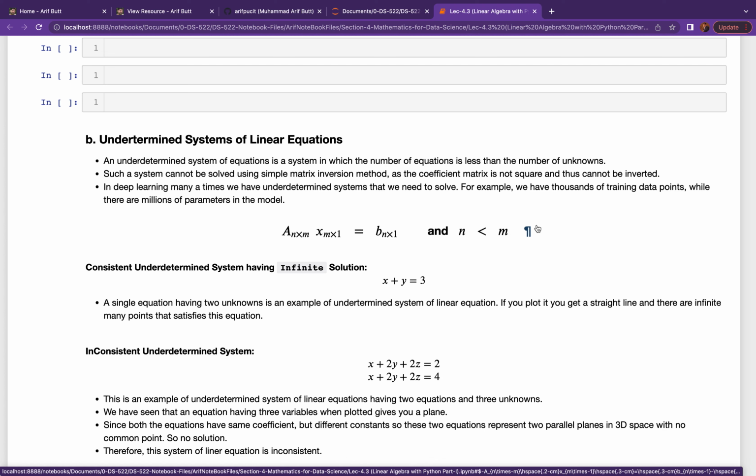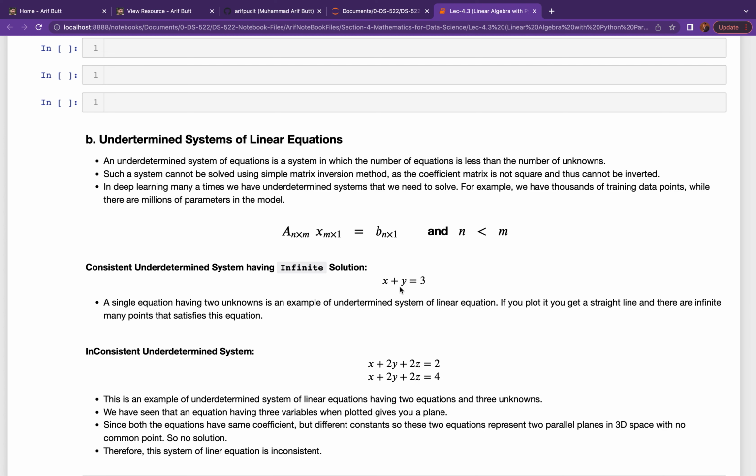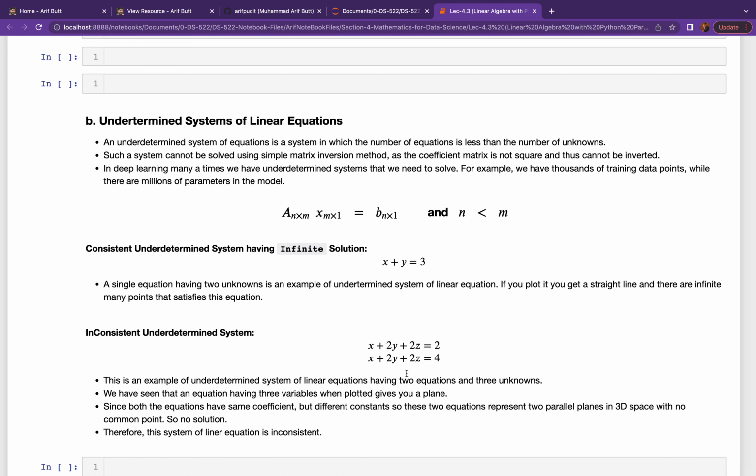And this single equation x plus y is equal to 3 with two unknowns is an example of a consistent underdetermined system having infinite solutions. And this next is an example of an underdetermined system having no solution. So the system is inconsistent. And one more thing to keep in mind is that an underdetermined system cannot have a unique solution.